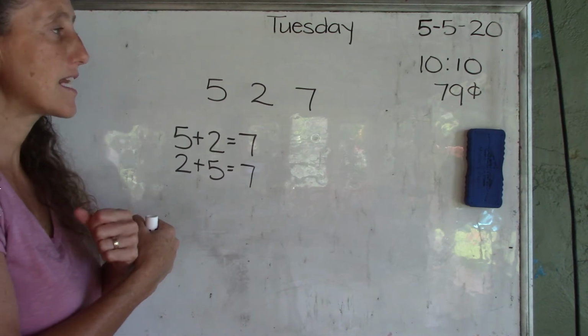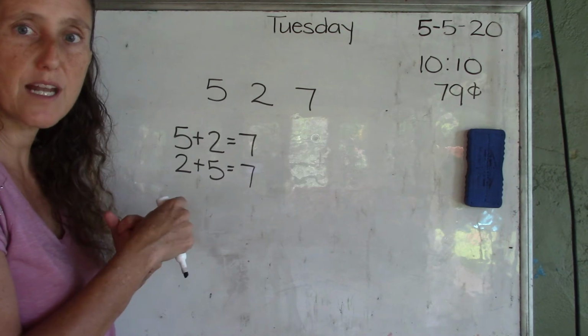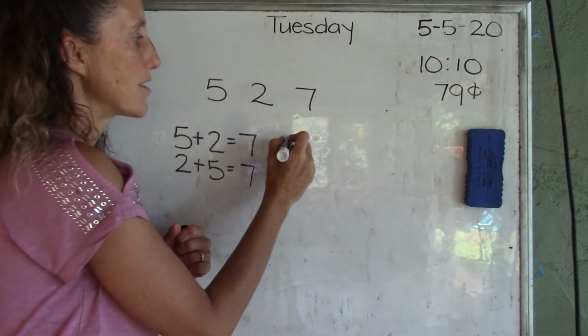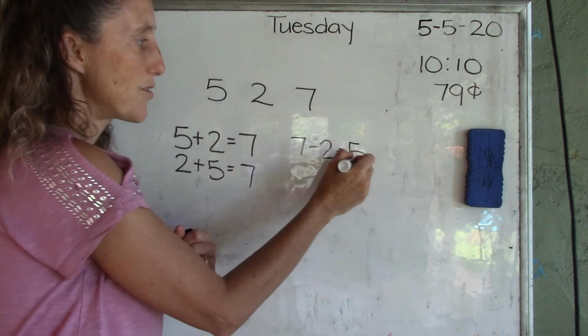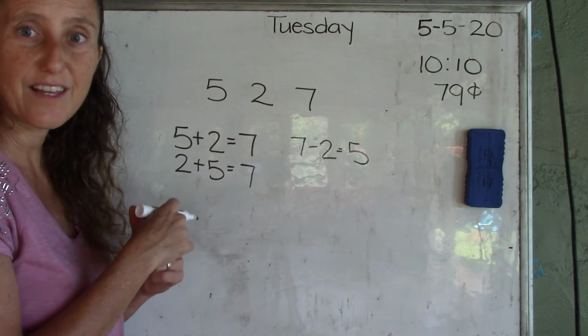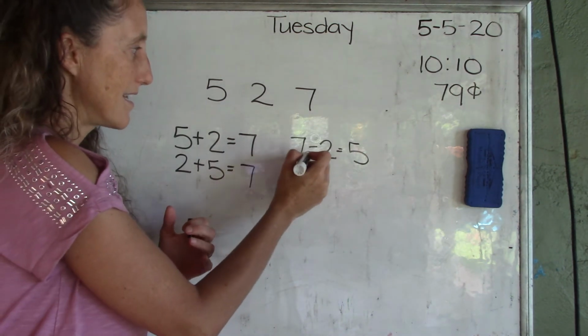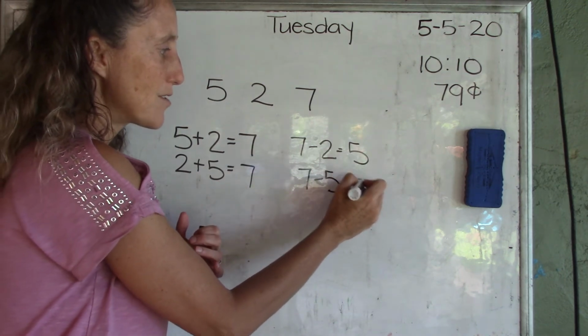Can you think of any subtraction numbers, takeaway numbers, or problems that I could make? 7 take away 2 equals 5. That's true, isn't it? Can you think of another one I could do? You can just switch it around. 7 take away 5 equals 2, which is also true.